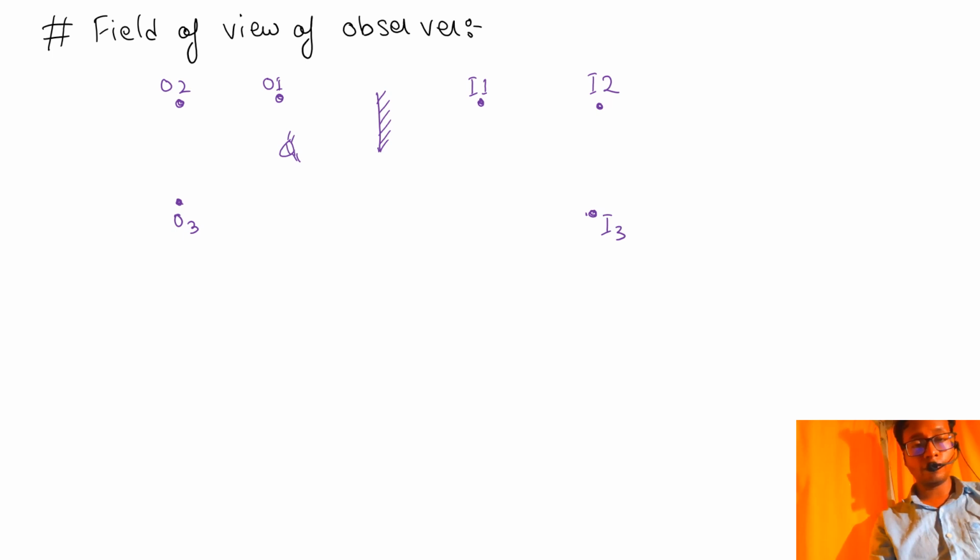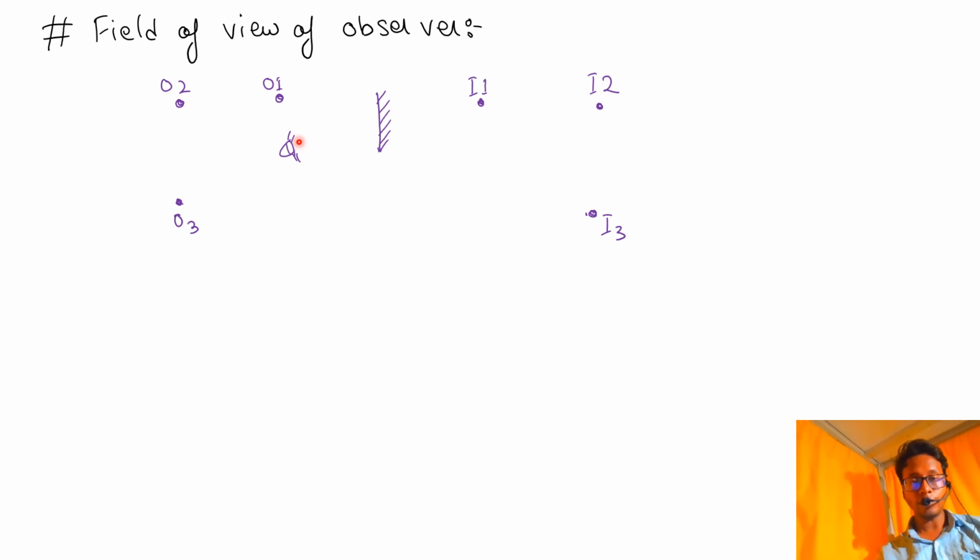Whenever such a type of question comes up, the first step is to draw out all the images corresponding to the objects. Image 1 corresponds to object 1, image 2 corresponds to object 2, and image 3 corresponds to object 3. First step, only draw the images, irrespective of the path of the light rays.